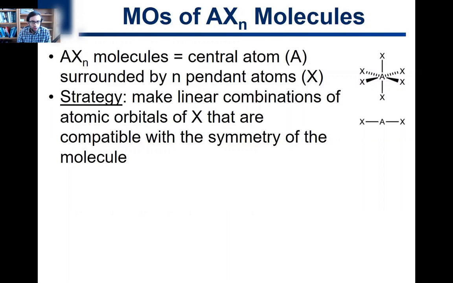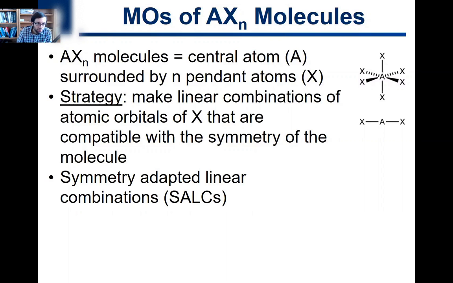All right, so we're going to add linear combinations of atomic orbitals of X, the ligands, that are compatible with the symmetry of the molecule. There's a name for what we're doing. We're going to be making what are called SALCs, or symmetry-adapted linear combinations.